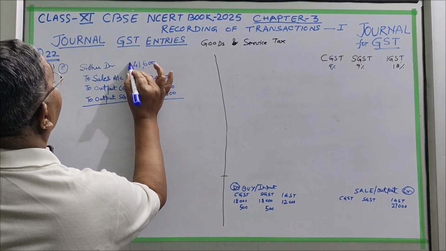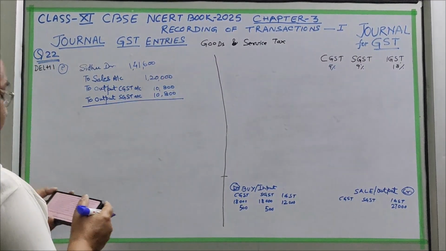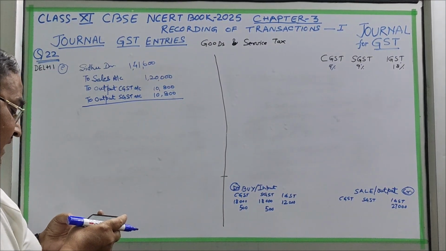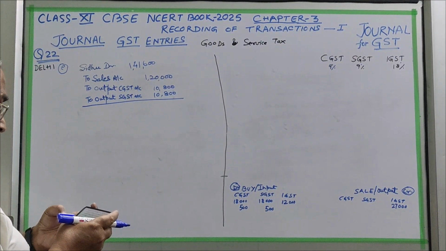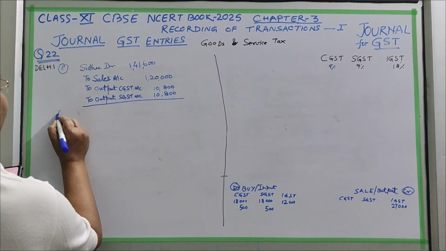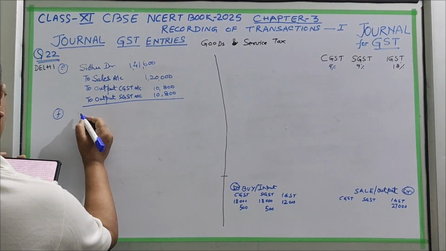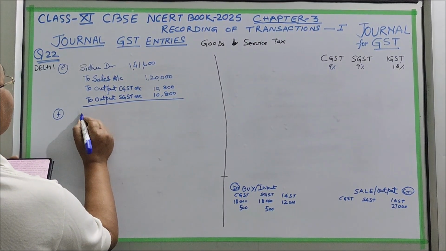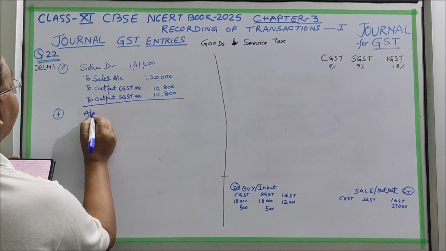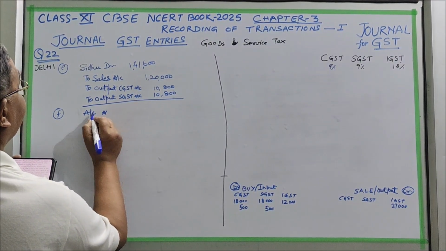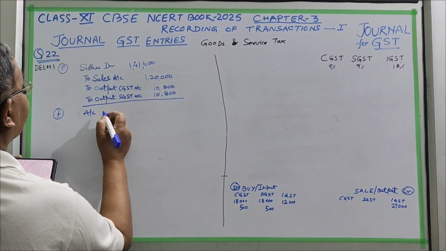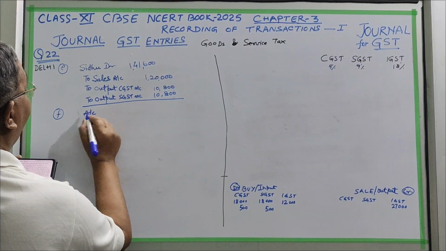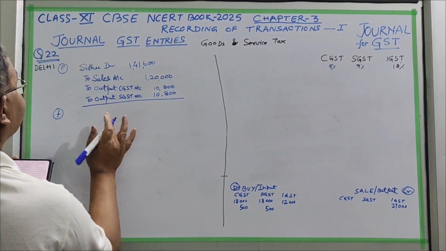So this will be your entry: Sudhir, sold goods to Sudhir of Delhi. Next, bought air conditioner for office use. So air condition account, or furniture and fixture account also you can use.